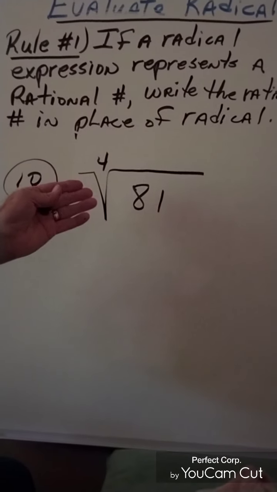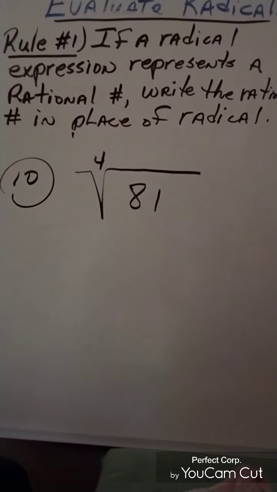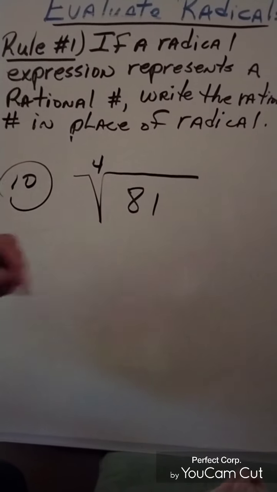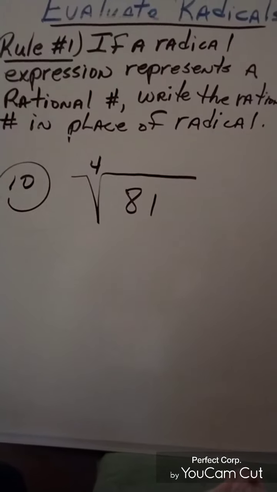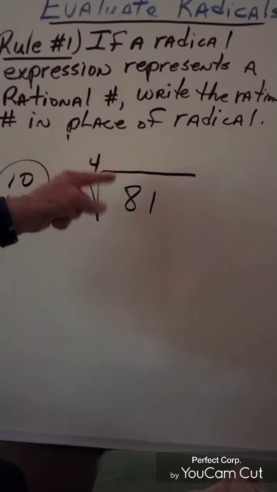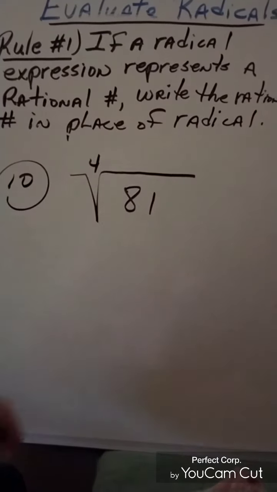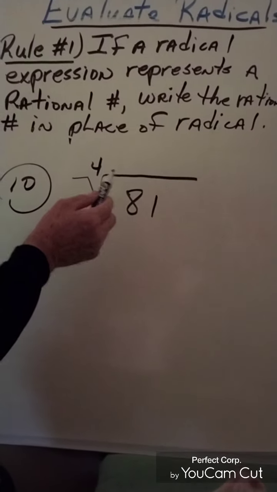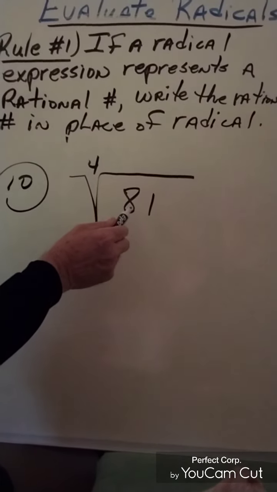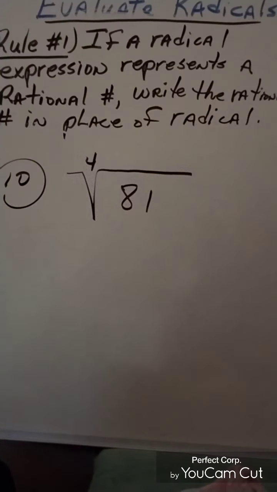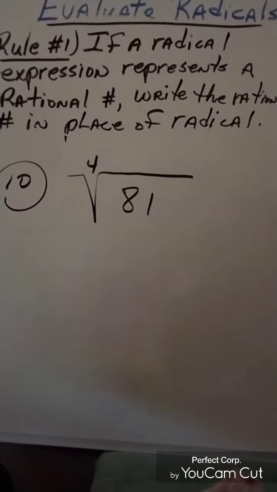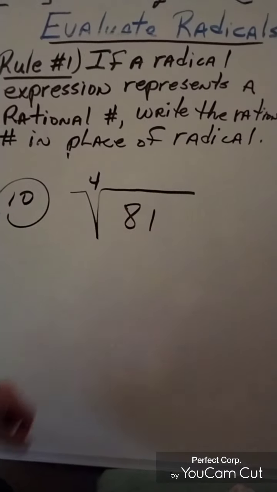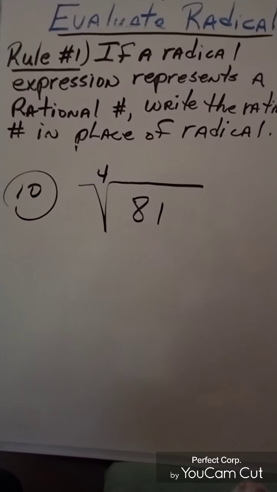Not a perfect square, because our index is no longer 2. We need to determine if 81 happens to be a perfect fourth power. And if it is, then it represents a rational number, and we're going to write that rational number down.